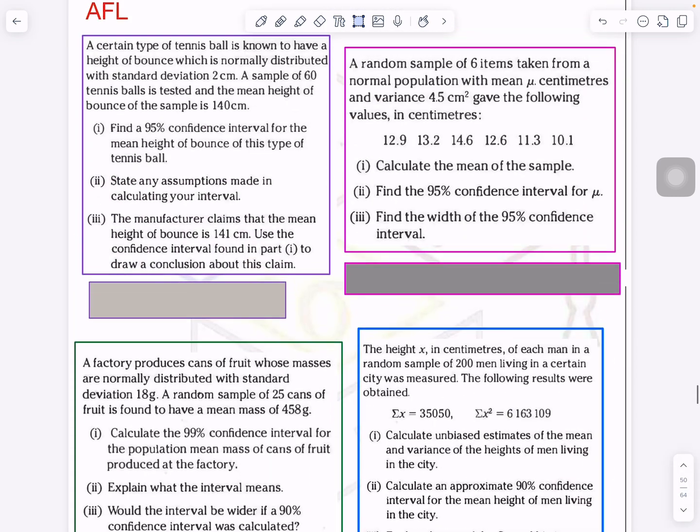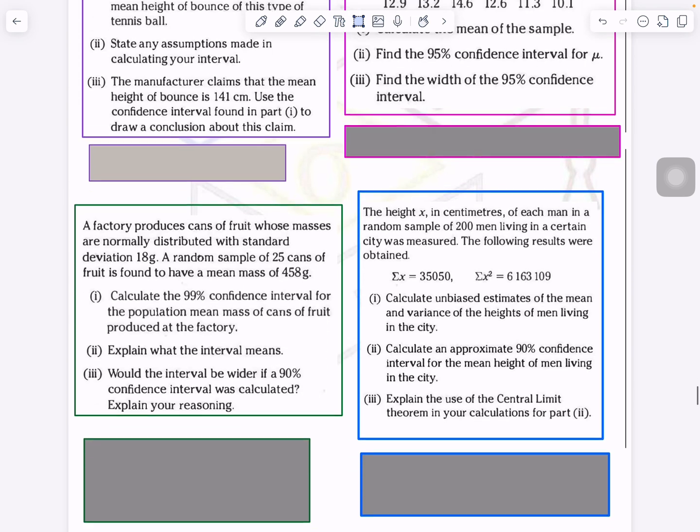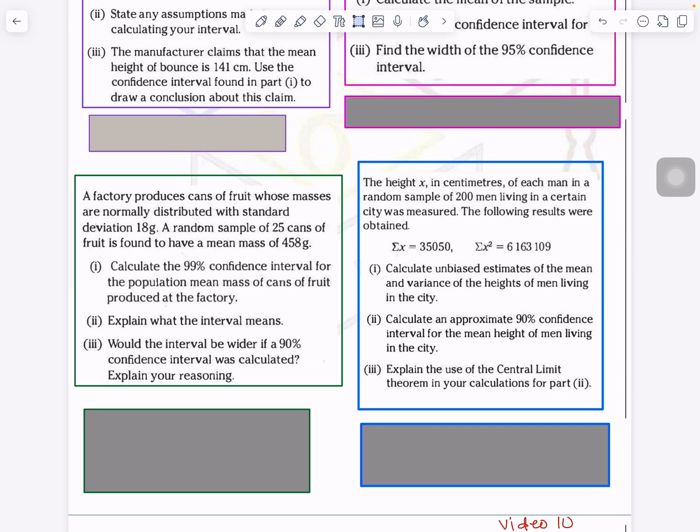Here is the AFL for you. Those who have watched this video, you can try these questions. You can scan it because I will show you the solution which is hidden at the moment. So you can take a picture of these questions and then try solving it, right? So you will know about your understanding, how much you have actually gotten that concept. So I hope you have taken the picture.